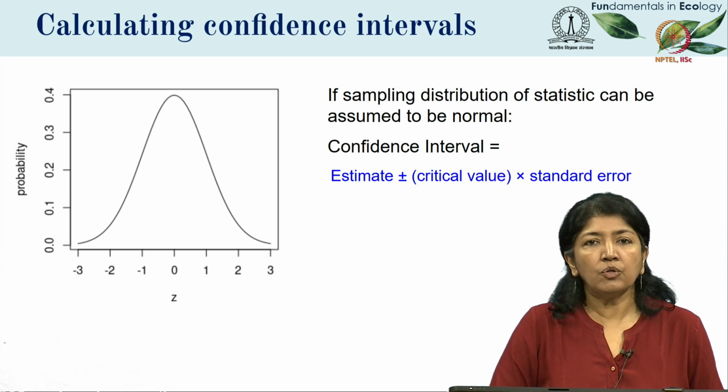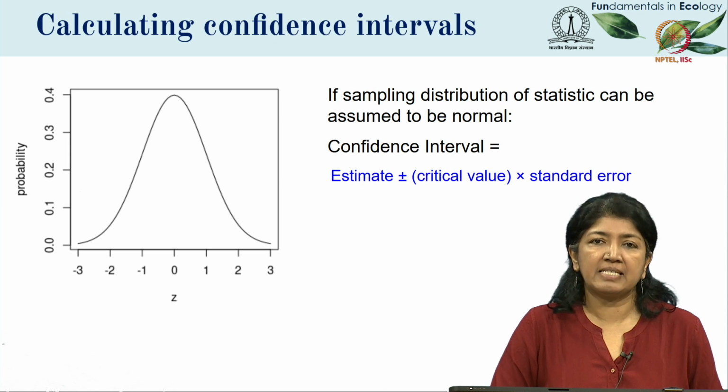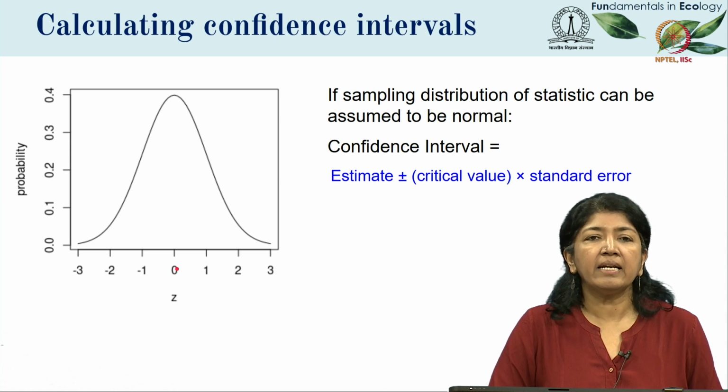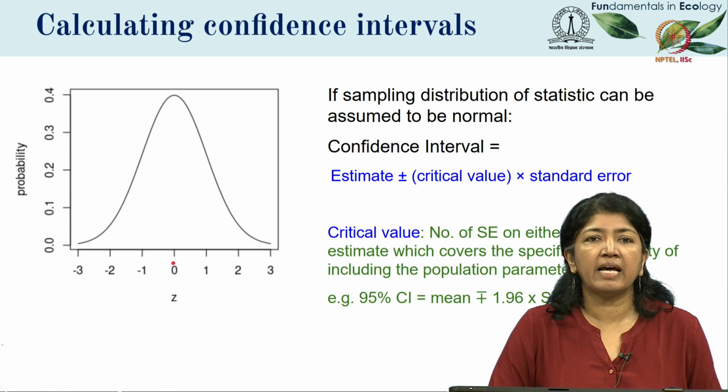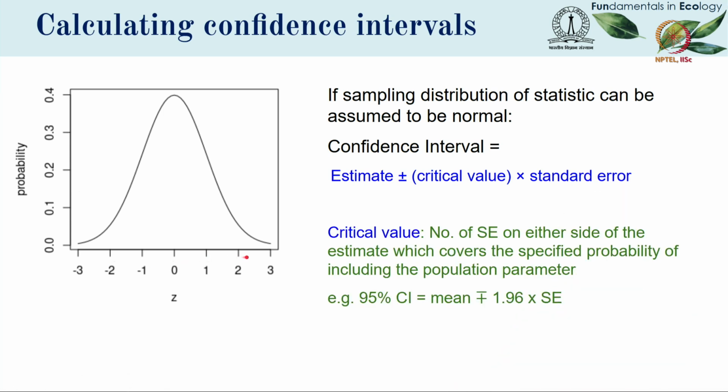If we can assume that the sampling distribution of our statistic is normal, then we can find the number of standard errors on either side of the estimate which covers the specified probability of including the parameter.